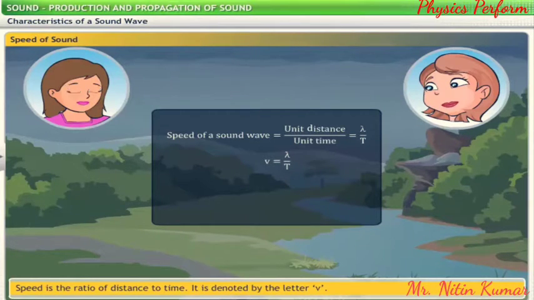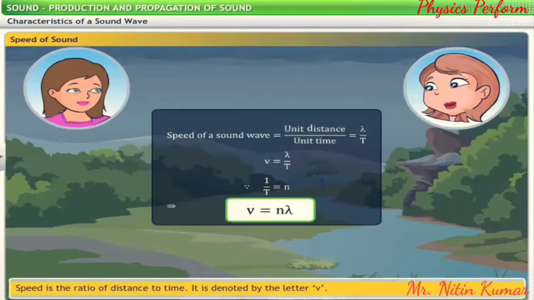It is denoted by the letter V. You know that the reciprocal of a time period of a sound wave is equal to its frequency. Therefore, the speed of a sound wave is the product of its frequency n and wavelength lambda.